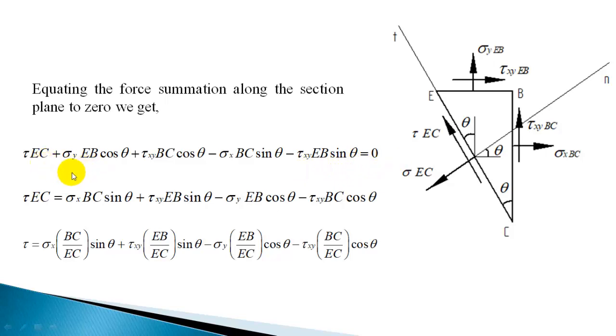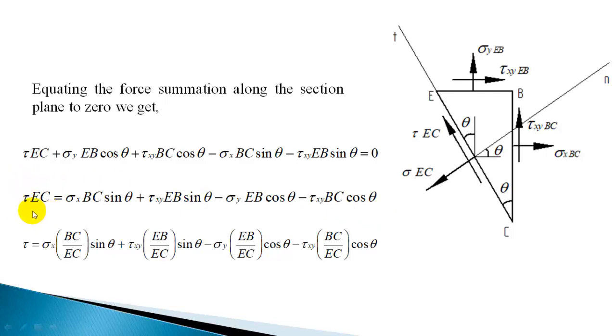Now take all this to the right hand side, keeping tau EC on the left hand side. So tau EC is equal to, I'll write these negative components first: sigma x BC sin theta plus tau xy EB sin theta minus sigma y EB cos theta minus tau xy BC cos theta.